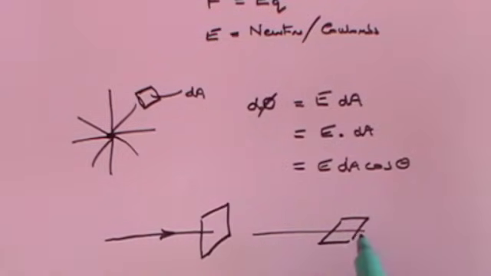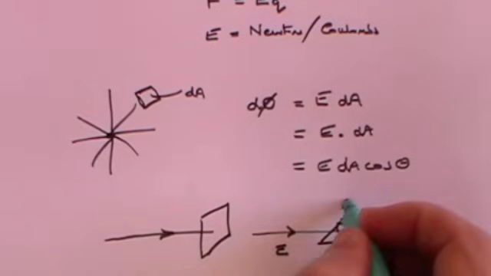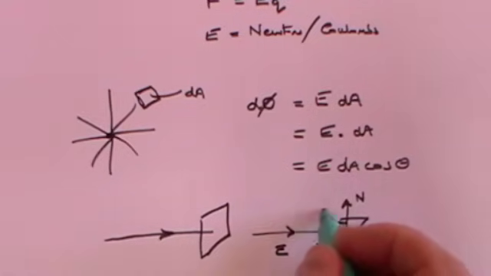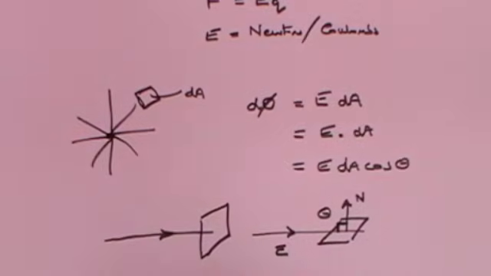And what theta is, is the angle between the normal to the window and the E field. So this is the E field. This is the normal to the window, in other words 90 degrees to the plane of the window. And theta is the angle between the two. And when theta is equal to 90 degrees, cos theta is equal to 0.